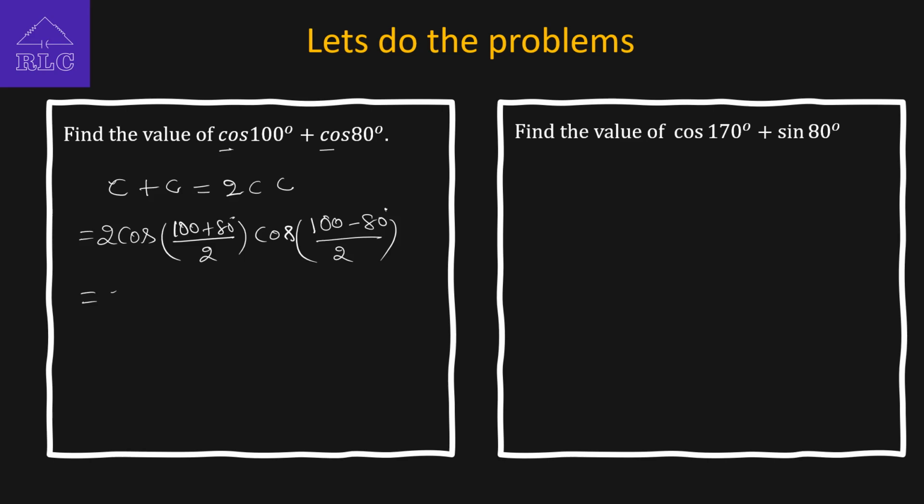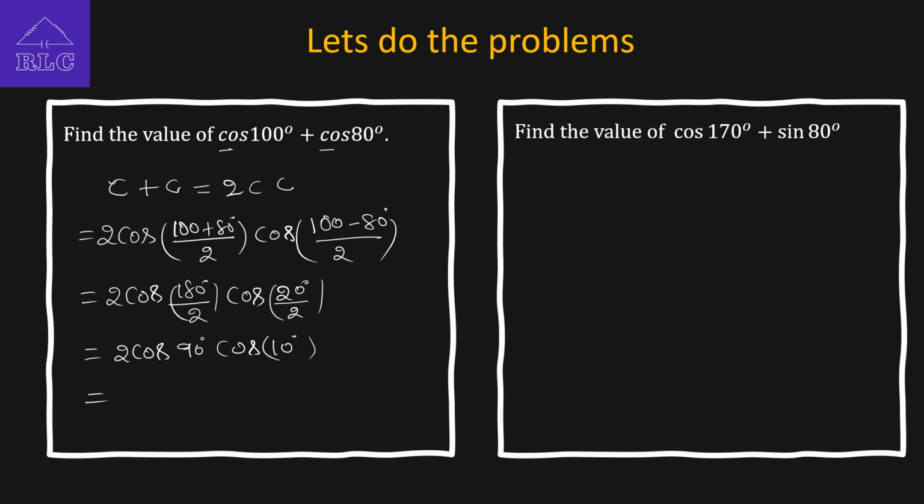Which is equal to 2 cos(180/2) cos(20/2). This is 2 cos 90 degrees cos 10 degrees. Cos 90 is 0, so we get 0 as the answer.